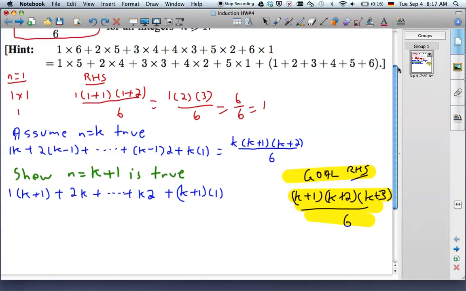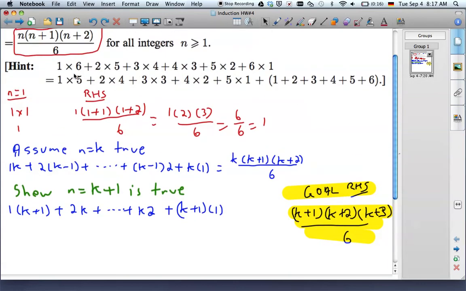Remember this hint here. What you can do is take something of this form, all the way up to 6. In this example, we're going to go all the way up to k plus 1. You could reduce it by 1, and just don't forget that in the end you'll have to add this bit on here. So let's do that. Instead of a 6, I could write a 5. Instead of a k plus 1, I can write a k. So 1 times k. Plus 2, instead of a 5, I can put a 4.